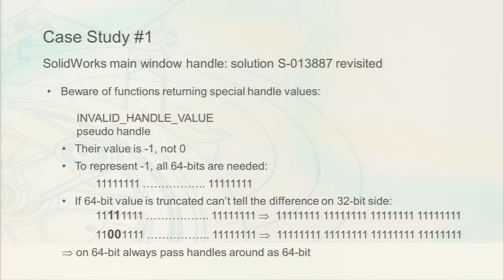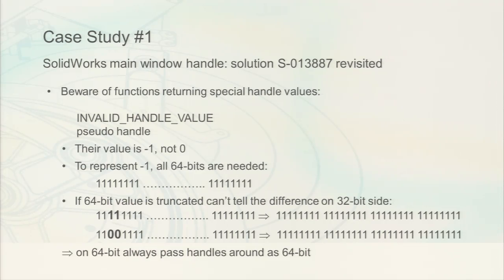It's the invalid handle value or a pseudo handle for a process. These special values are coded up as -1, not 0, which means address unknown. If you look at the number -1, the bit pattern for that is all ones. And the fact that it is negative is determined by the one here, the most significant bit.